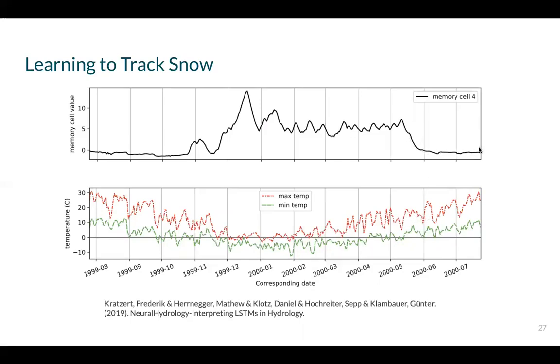At no point did the modelers or we tell the neural network that it should keep track of something called snow. It doesn't even know that what it's tracking looks very much like snow. But that's what it has learned. It has learned that there's some quantity it should keep track of that is very relevant to making predictions.